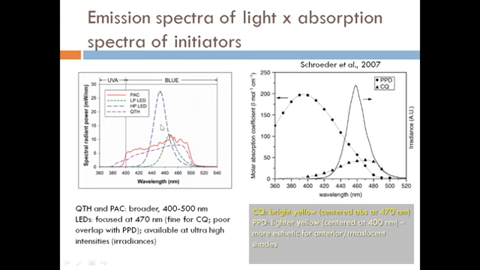But that intensity was concentrated right at 460, 465, which is perfect for camphorquinone. The QTH would also cover that wavelength, but in a much broader band at a much lower intensity. So if you were to integrate the area under this curve and this curve, at the end it would be the same energy, but a lot of this energy is not concentrated on the camphorquinone.